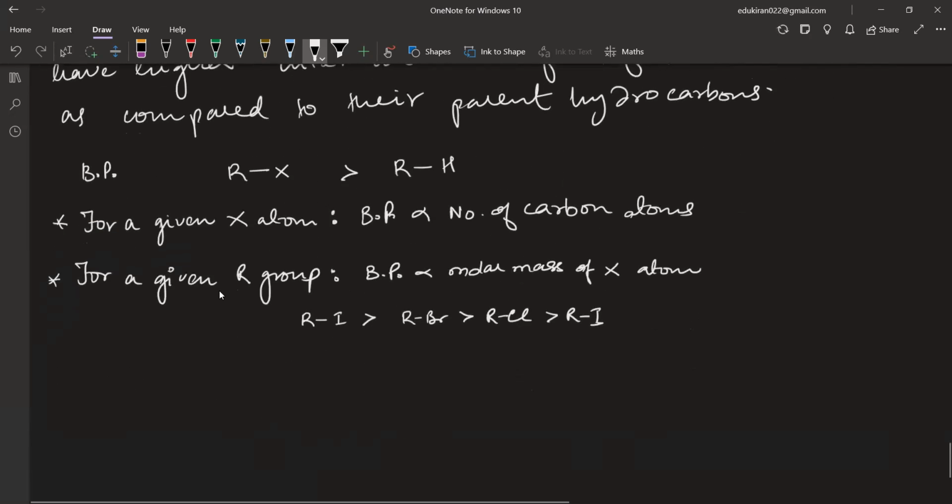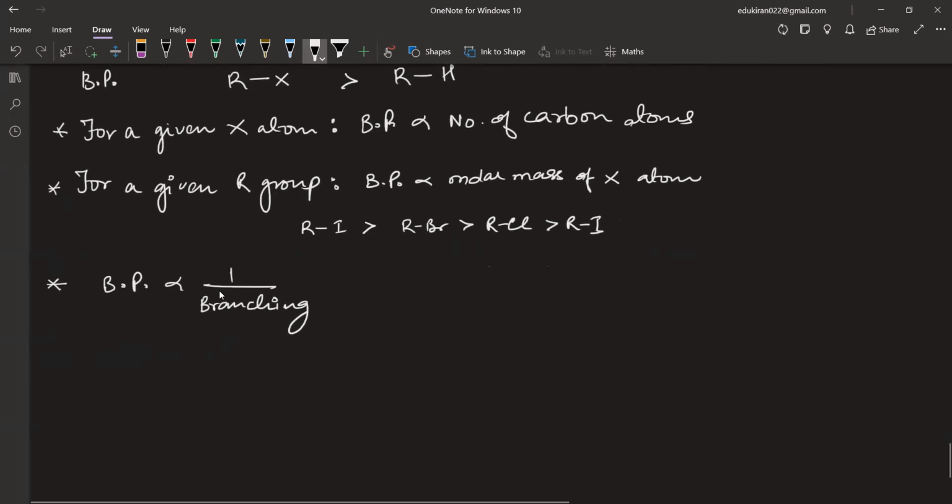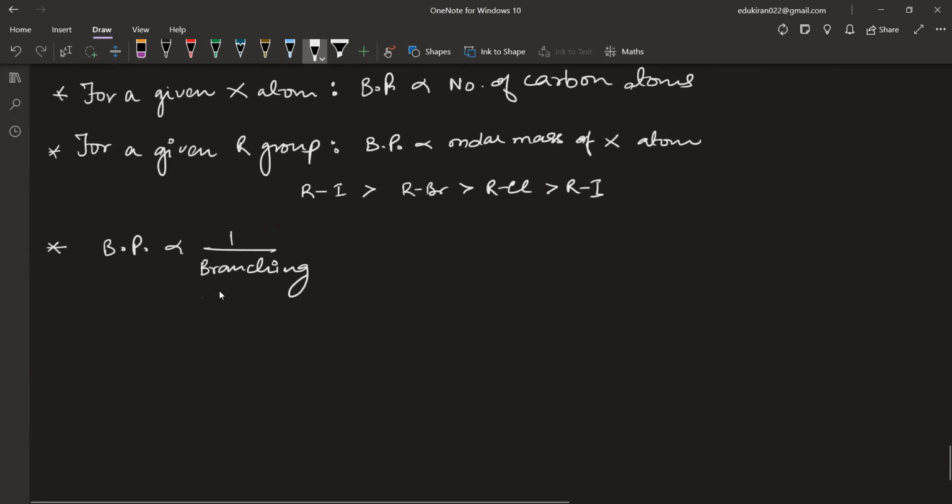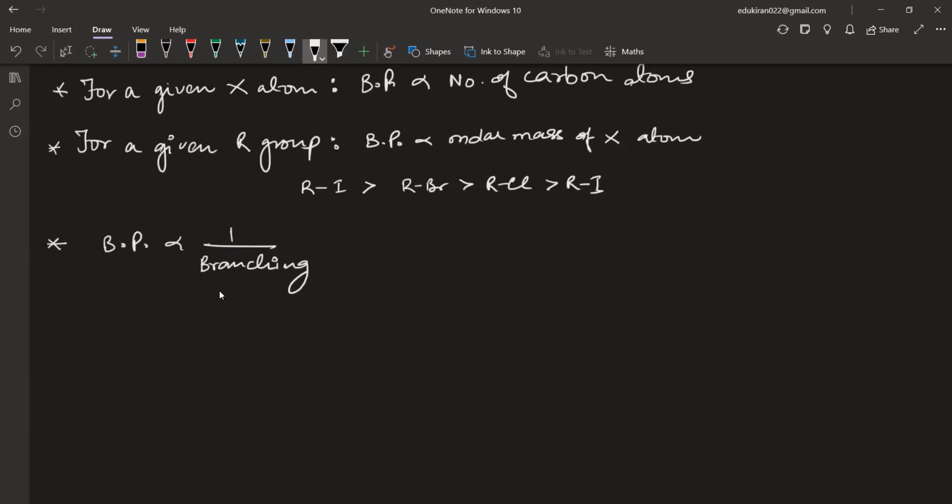Now the next point, which is true in every case: boiling point is inversely proportional to branching. When branching increases, the surface area decreases, and the probability of electron distortion gets lower.